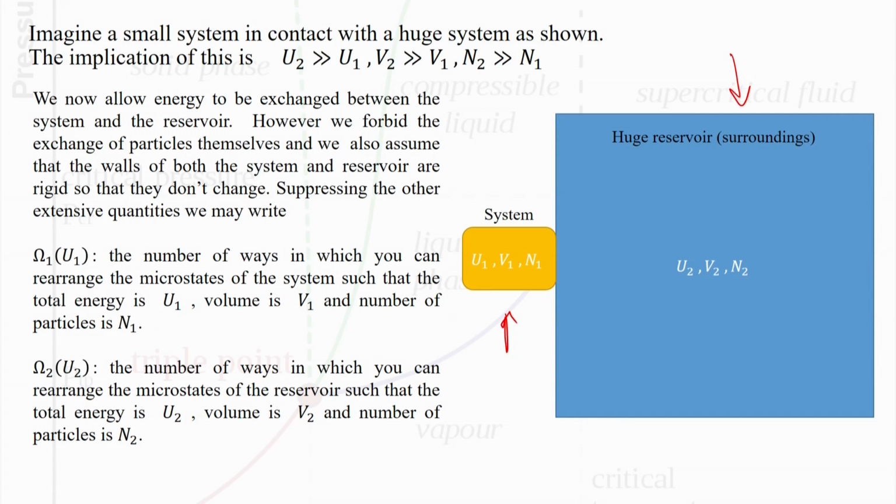So, now what we are going to do is allow the energy to be exchanged. We assume that the containers have rigid walls, for example, the containers of the gas that we have called the system have rigid walls. And we are also going to assume that it is not isolated. In other words, the system is not isolated, it can exchange energy with the surroundings.